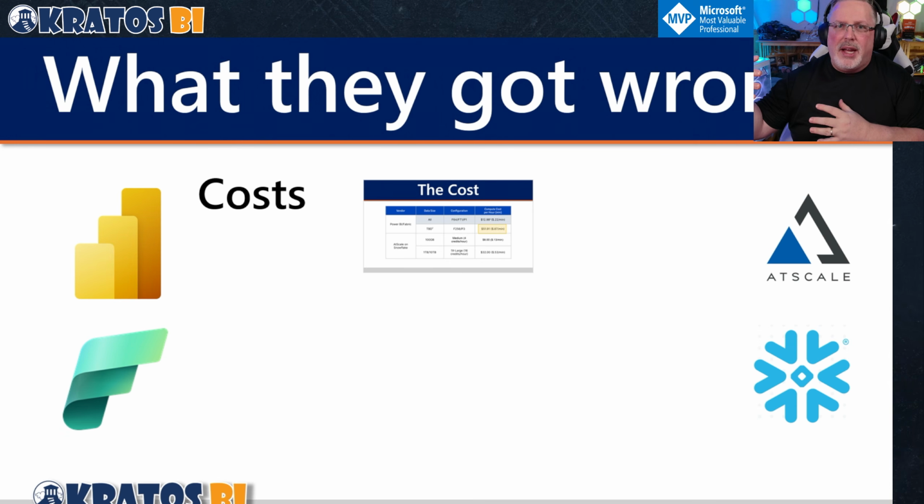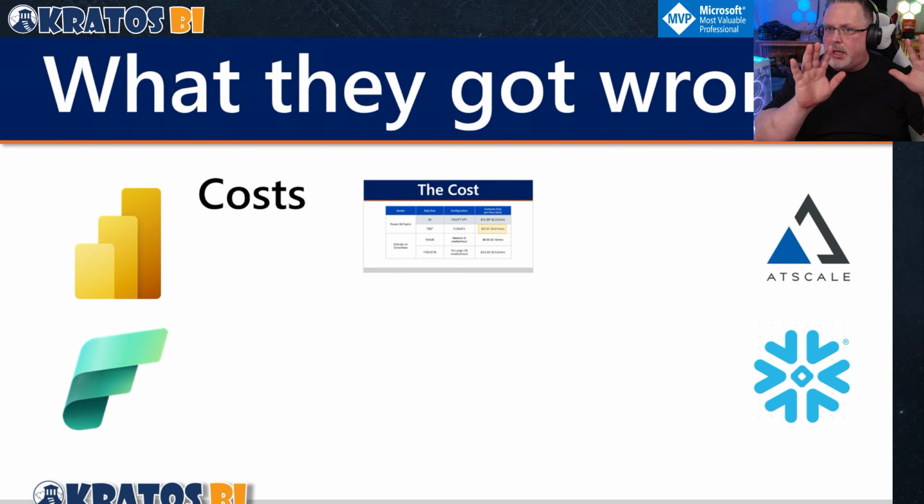And especially if you're talking about a very large capacity, Microsoft's bursting and smoothing makes it very easy to leverage those larger SKUs and manage your costs much easier throughout the day without having to stop, and all that good stuff. So I'm going to contend that they got some of the cost stuff a little bit not right. Okay, so it's not perfect. It's not completely and totally wrong, but I challenge just a little bit of that.